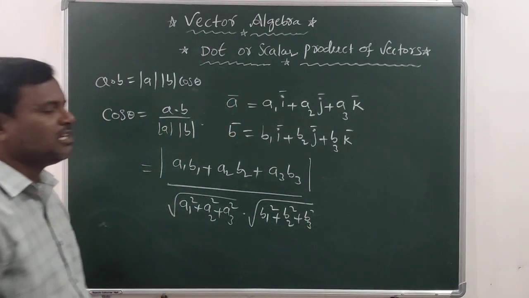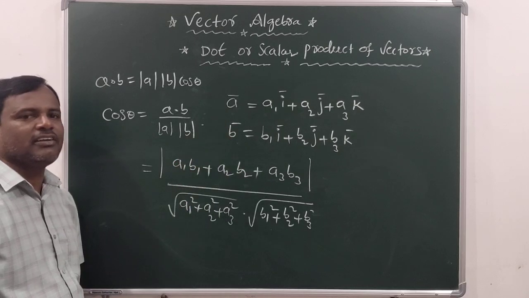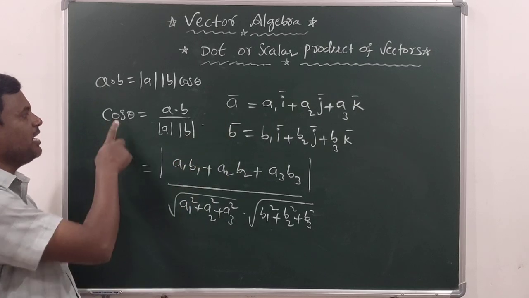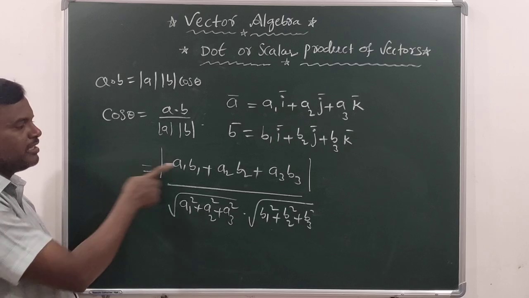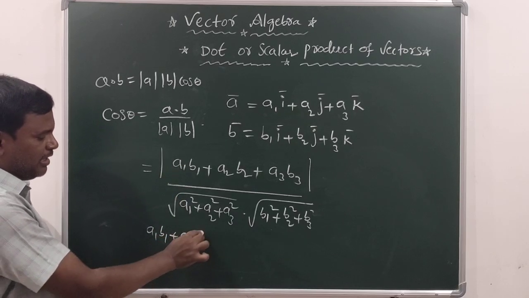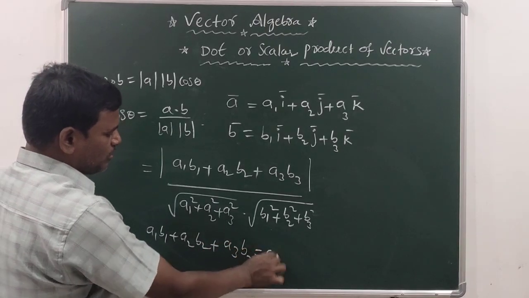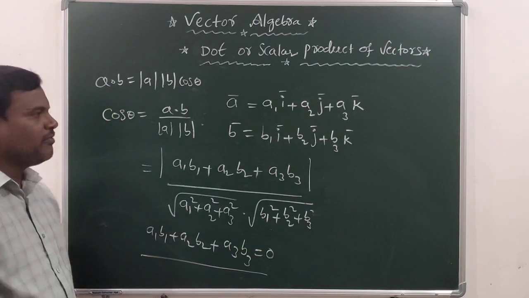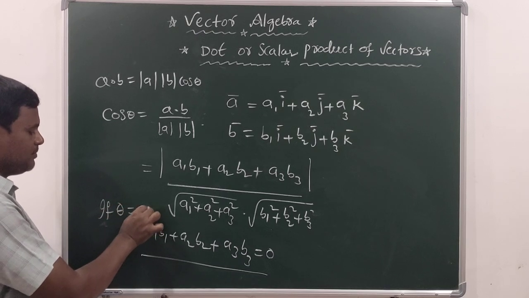See, this is the cos theta formula when A and B vectors are given. If theta is 90 degrees, put here theta 90, bring it to the left side. Then you will get A1 B1 plus A2 B2 plus A3 B3 equal to 0 when theta is 90 degrees.